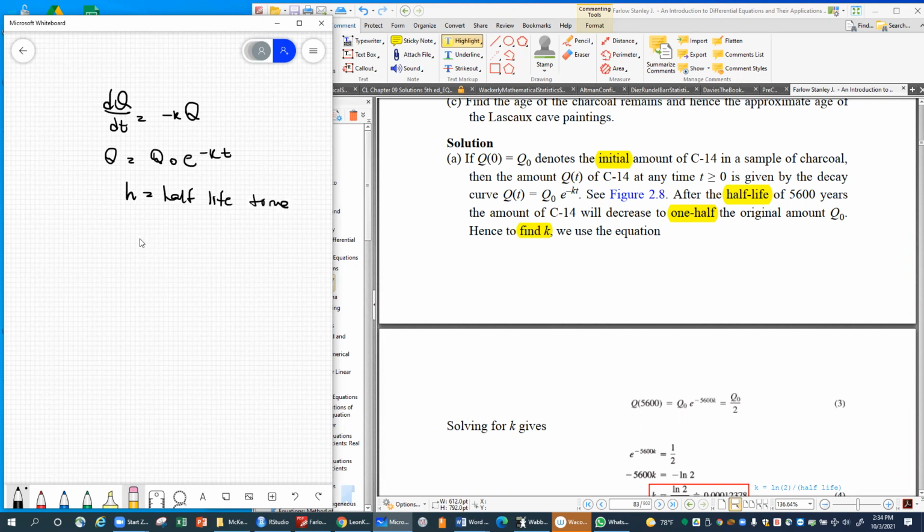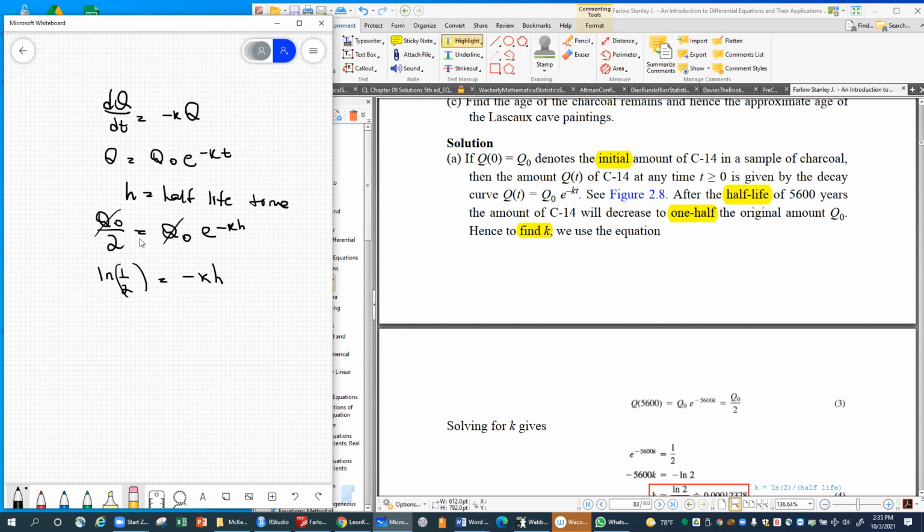At half-life, the quantity is half of the original: q0/2 equals q0 e^(-kH). Divide both sides by q0 and take the log. You get log of 1/2 equals log of e^(-kH), but they undo each other and you get minus kH.